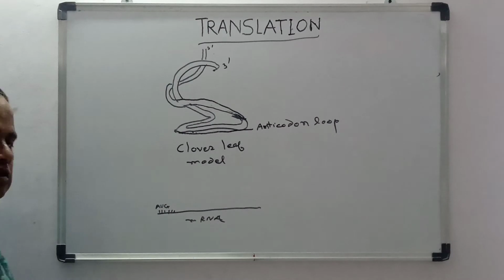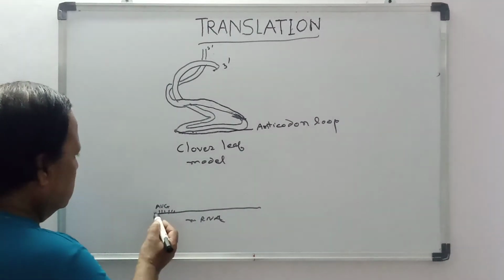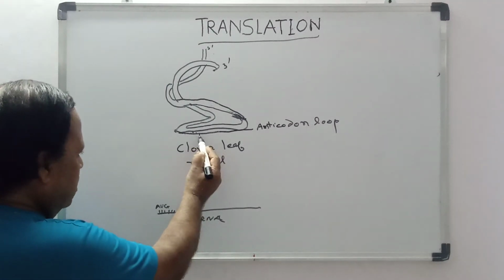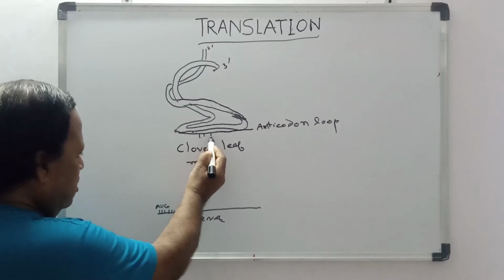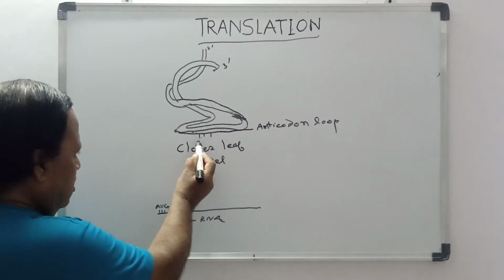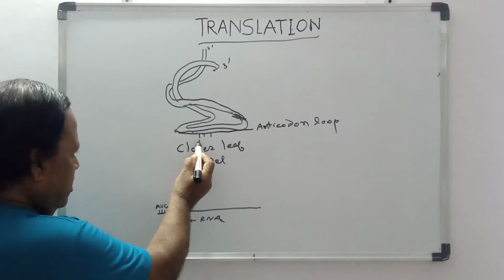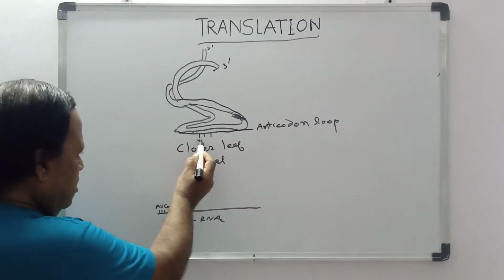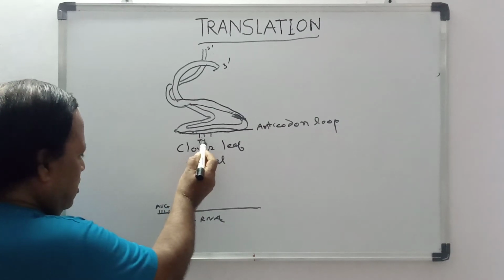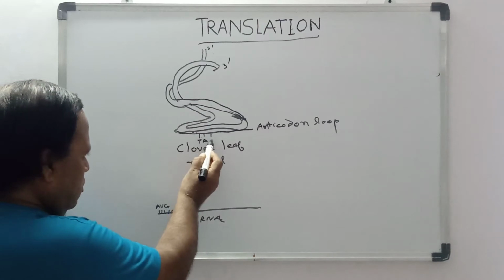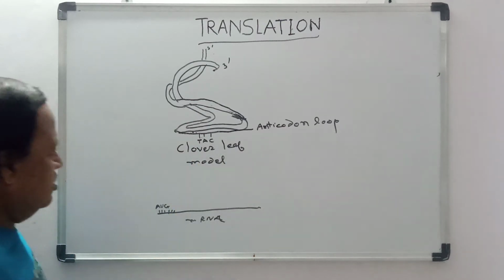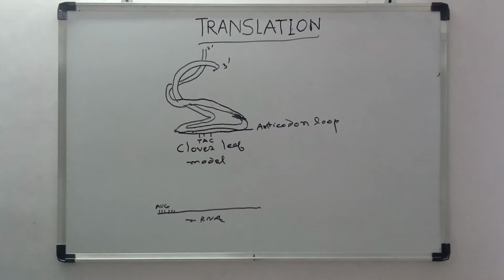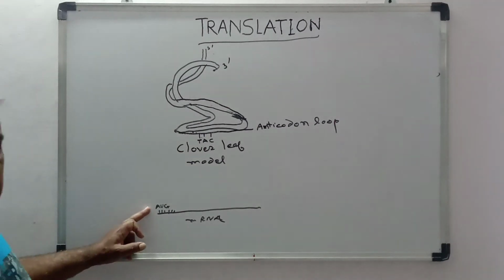This is called the initiator codon, AUG. So what will be the anticodon here? U for A, A for U, and C for G. This will be the anticodon for this codon.